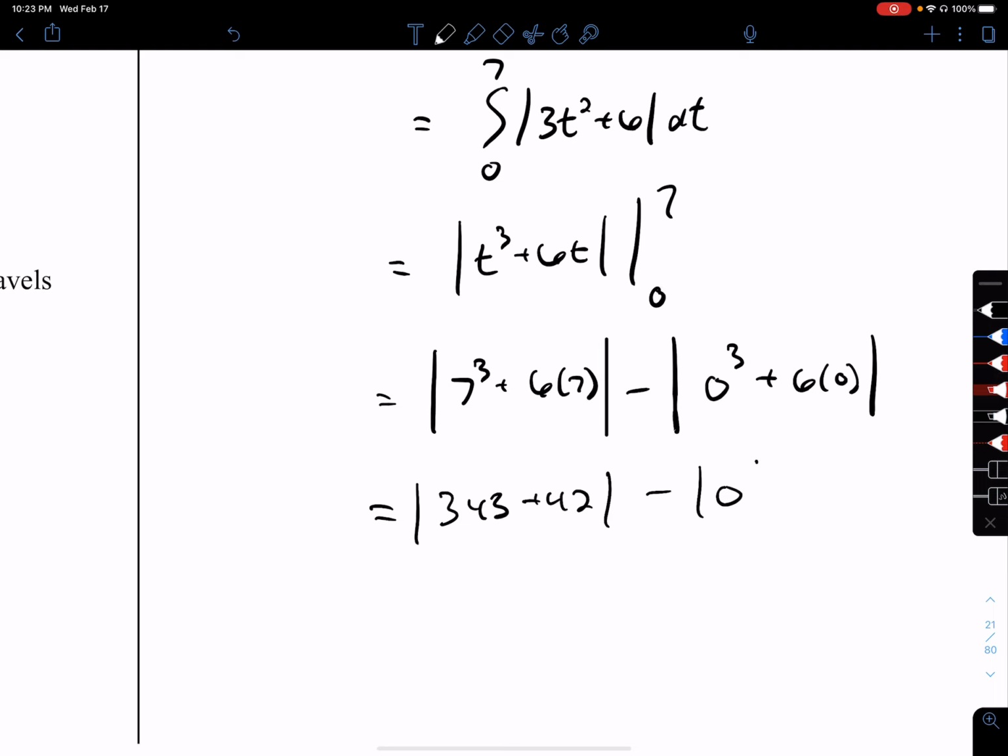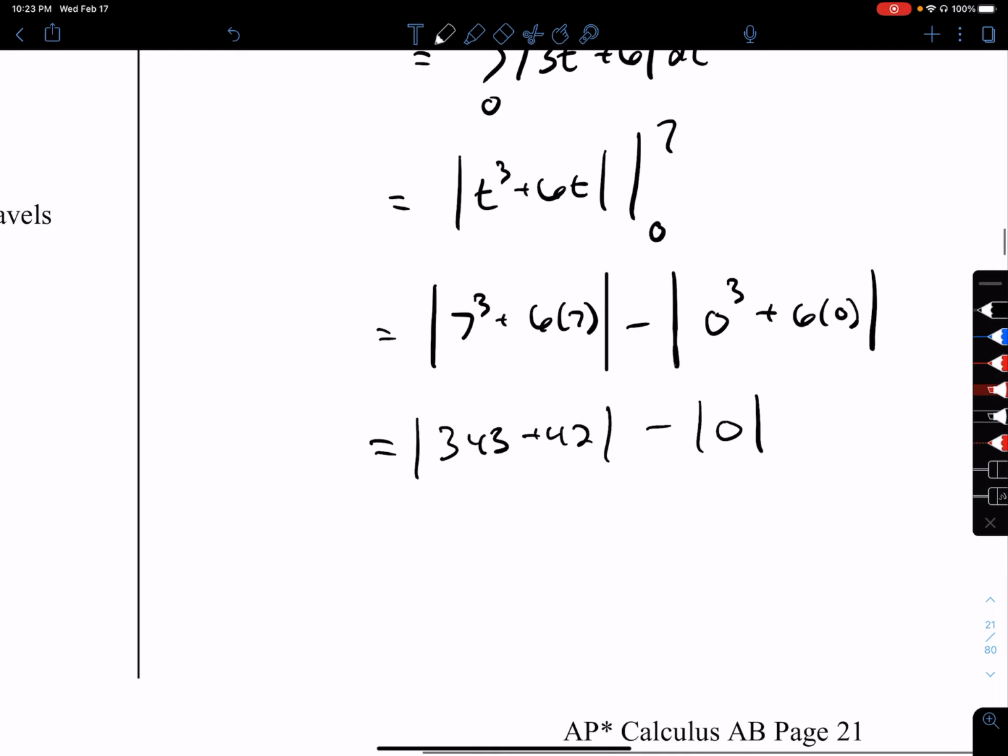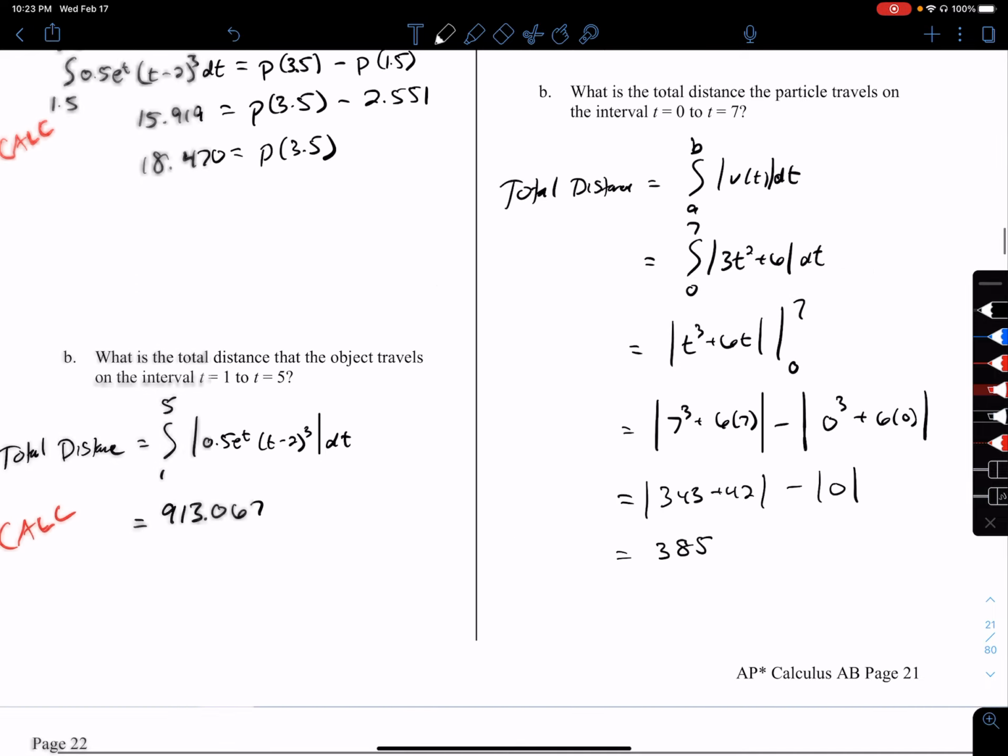And this is just going to be 0. That's going to give us 385. The absolute value of 385 is 385. So there we go. Total distance from 0 to 7 is 385 units. It doesn't tell us what kind of units we're in. It's 385 linear units, whatever that is.